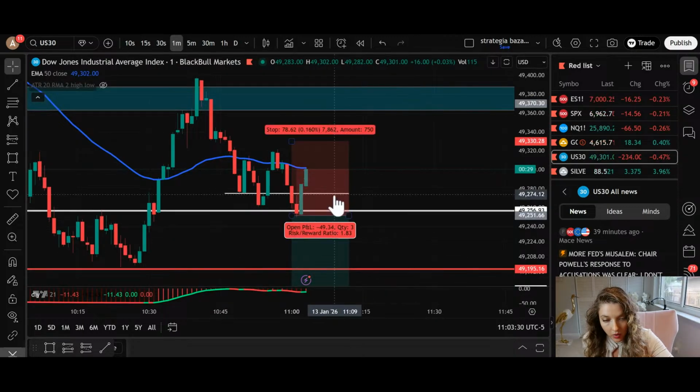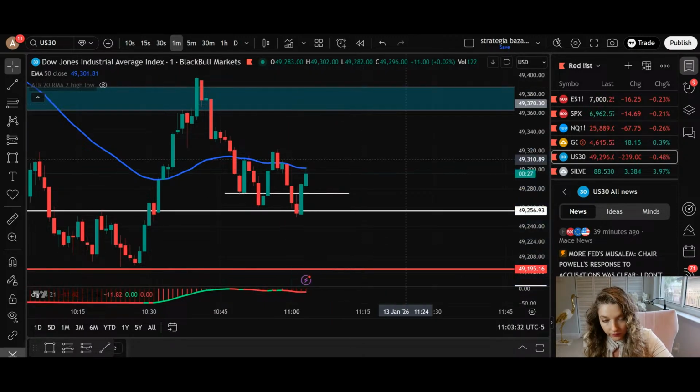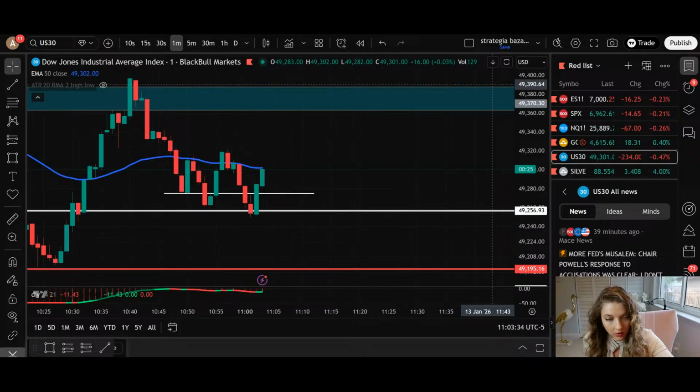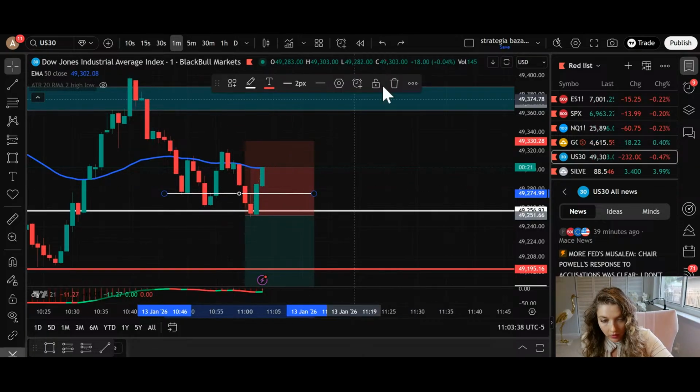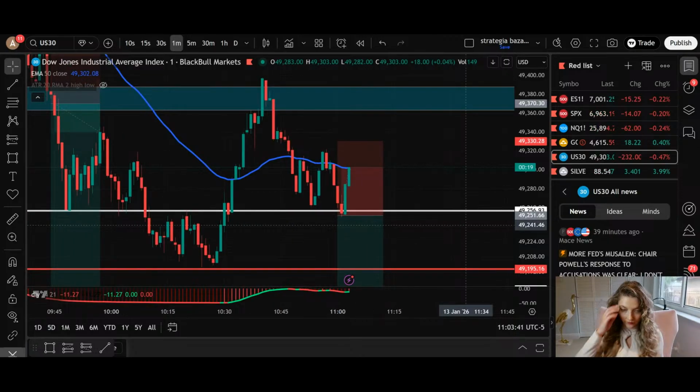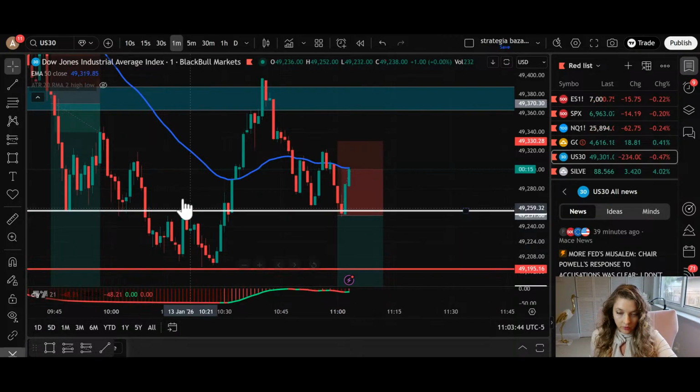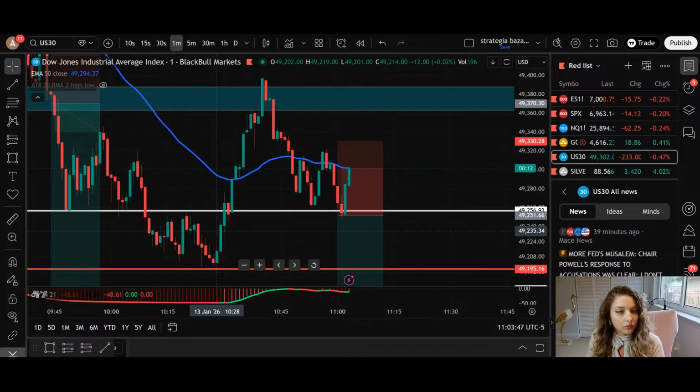I want this white line to break. Oh, what did I do? Go back. I want a break of this white line, the neck of the W, or the base of the W. I need it to break, not retest, because for a short, a retest is a long.